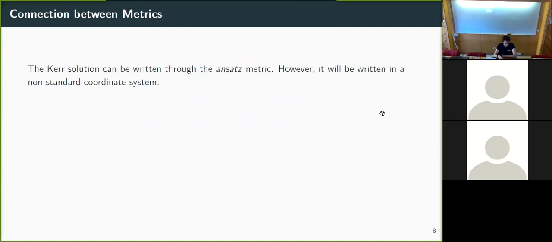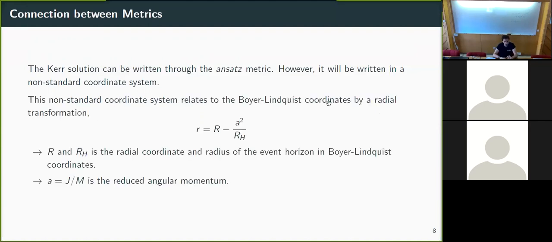Then, although it doesn't seem, the Kerr solution can also be written in that specific way as an ansatz matrix, but it will be written in a non-standard coordinate system. And for that, you can relate the Boyer-Lindquist coordinates with this new system, with this expression.